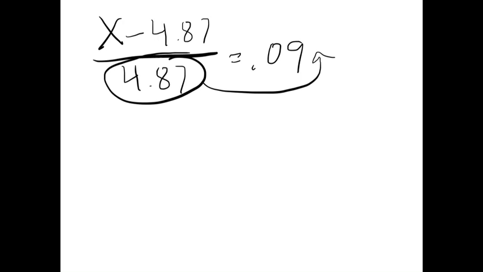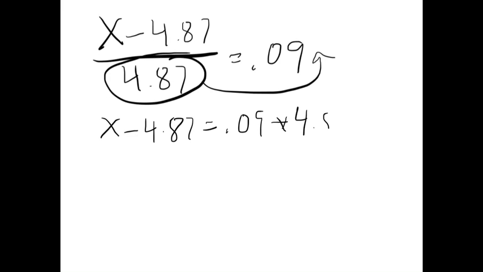Since on this side it's a division in the denominator, I'm going to make it into a multiplication over on the right hand side, like this. X minus $4.87 equals 0.09 times $4.87.